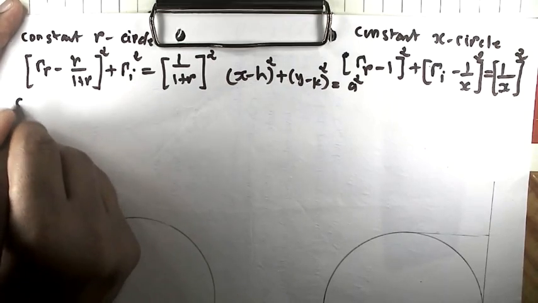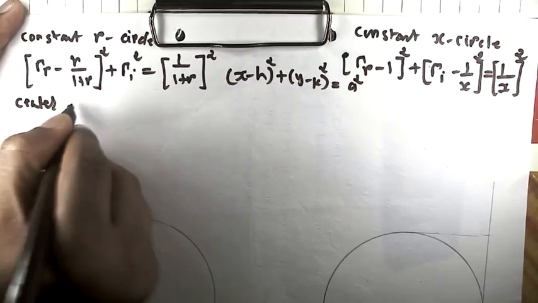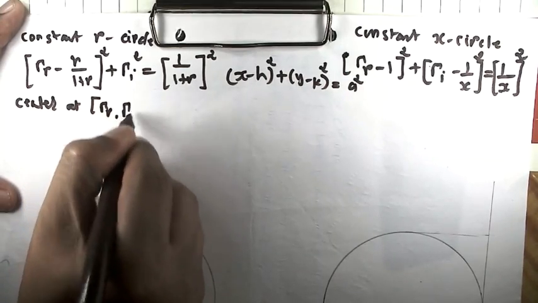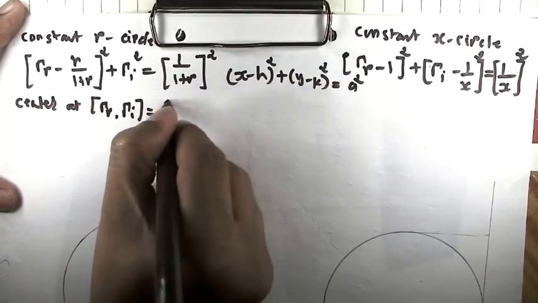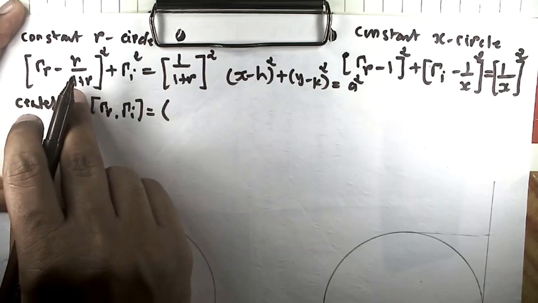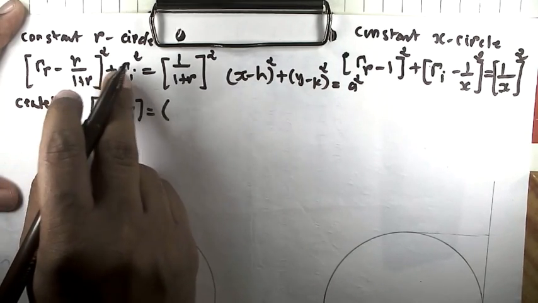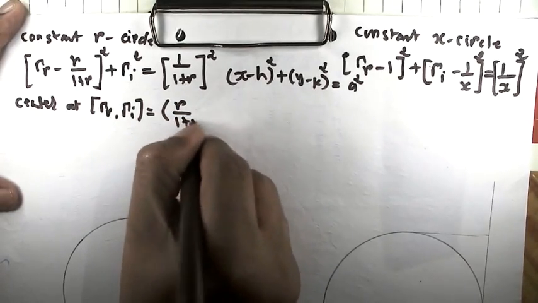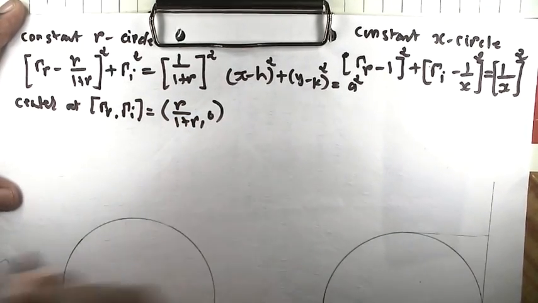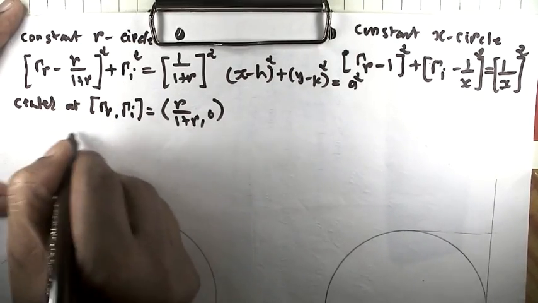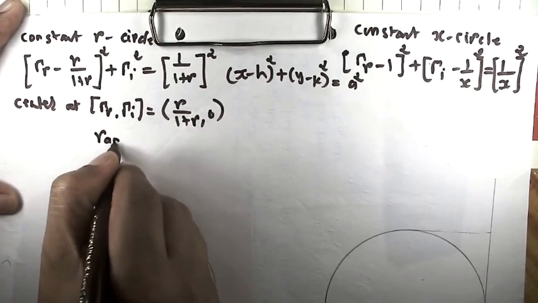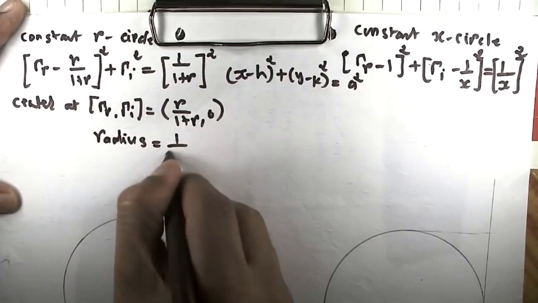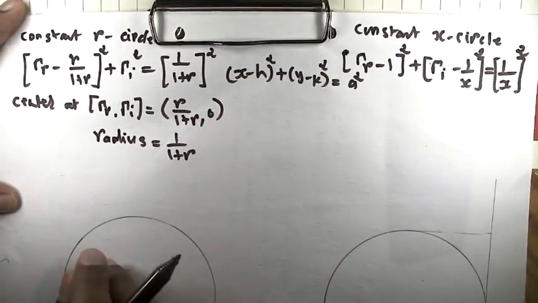For an r circle, the center at sigma r and sigma I is r over 1 plus r comma 0, and the radius is 1 over 1 plus r.